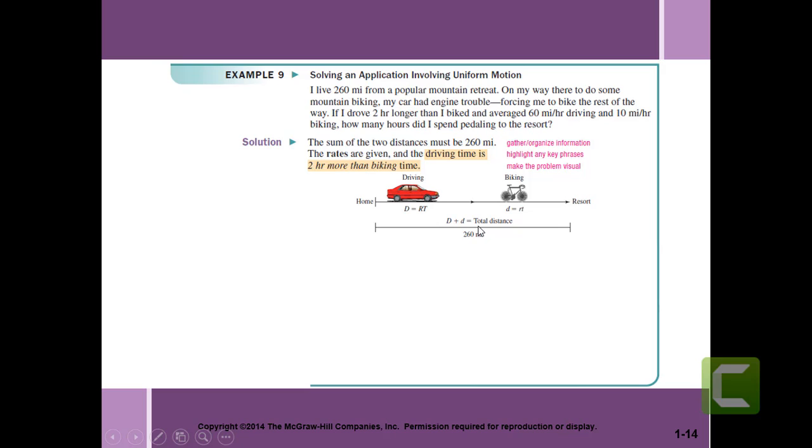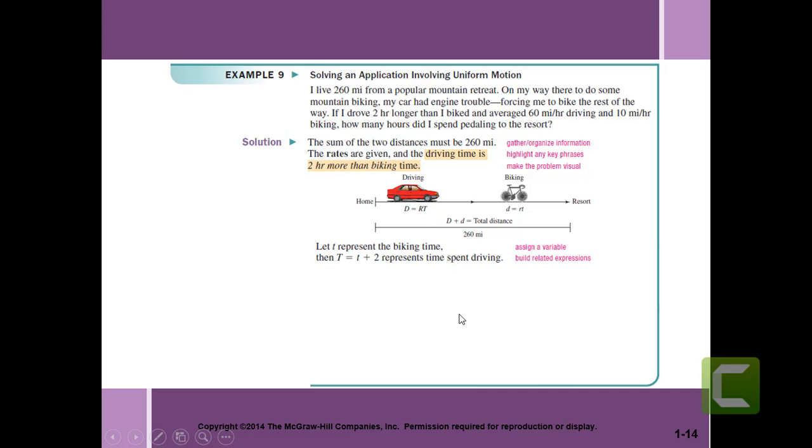But we know that the distances add up to the total, which is 260 miles. So let t represent the biking time, and then capital T is going to equal the small t plus 2. Right? So I would just use small t for both of them. So this would actually be capital D is equal to capital R times the quantity small t plus 2.